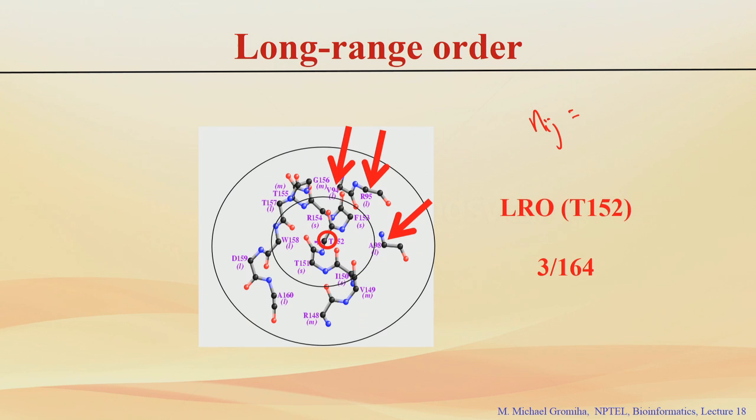So, here this is 94 and 152, this is 1, here this is another 1, 2, and here 1, 3. So, Nij equal to 3. If you want the LRO for the particular residue, then normalized by the length, here T4 lysozyme is 164 residues, in this case LRO equal to 3 by 164, right, they will give the number.